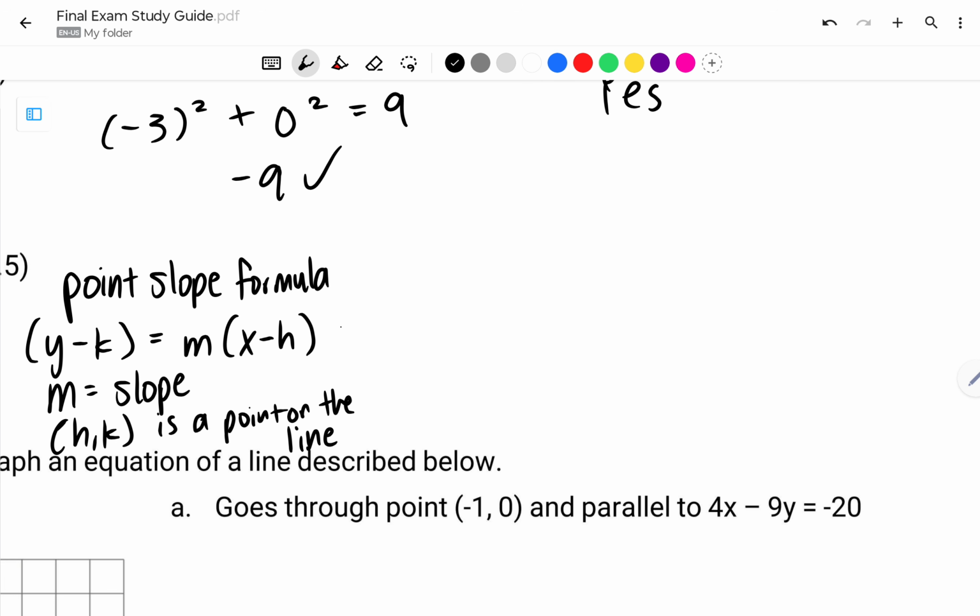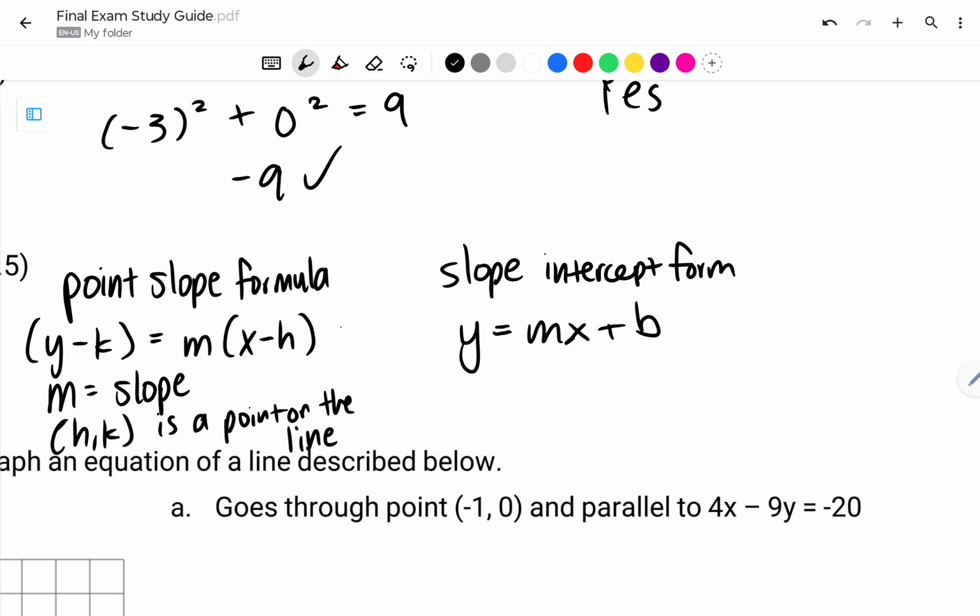And then we have the other one, slope-intercept form, where it's y equals mx plus b, where m is the slope again, and b is the y-intercept, what is across the y-axis.